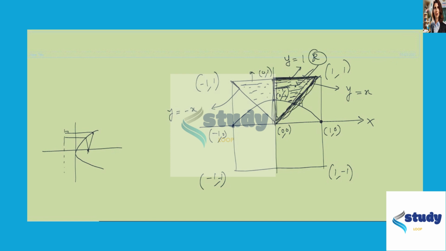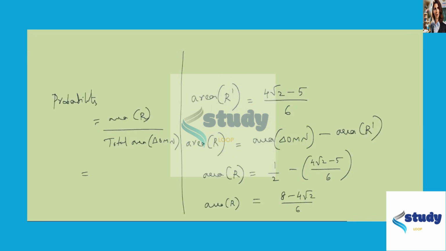The total area is a triangle area. So how much is the triangle area here? Half, right? So (8 minus 4 root 2) divided by 6, divided by half. If you simplify, this is (8 minus 4 root 2) by 3. Approximately this is 0.781. So that is the probability that when you throw a dart, it will fall nearer to the edge than to the center of the square.